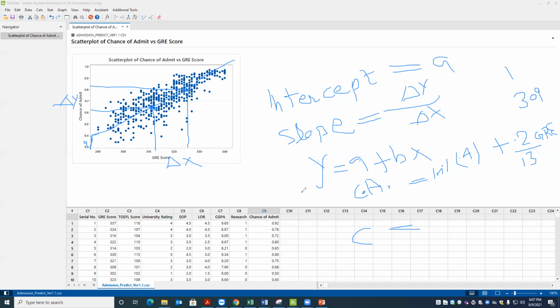So based on this, I can see what is the chance of admission if my GRE score is 309. So this is simple regression. That means one dependent variable, one independent variable. And it is very simple.